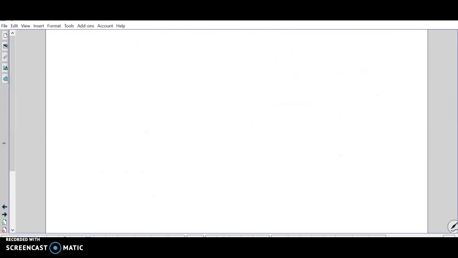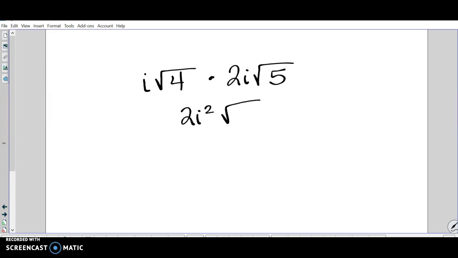I did want to add another one just because I think it would be a good one for you guys to see. Just something like this. It's not on the review, but it will be on here. So make sure you multiply both on the outsides. This will give you i squared, which is -1, which will be -2.